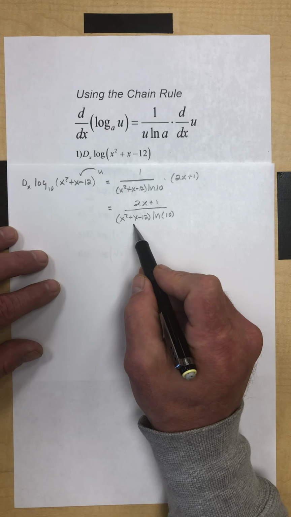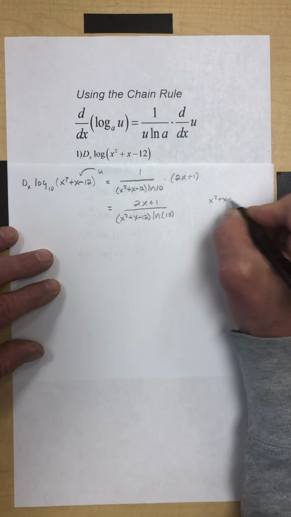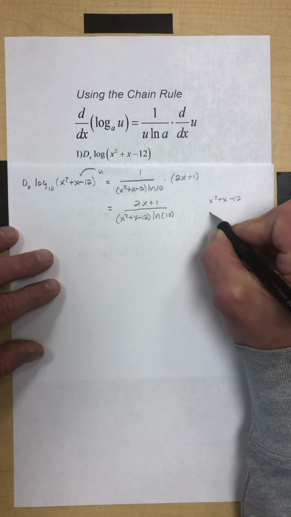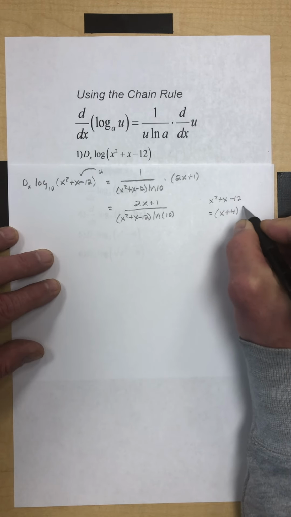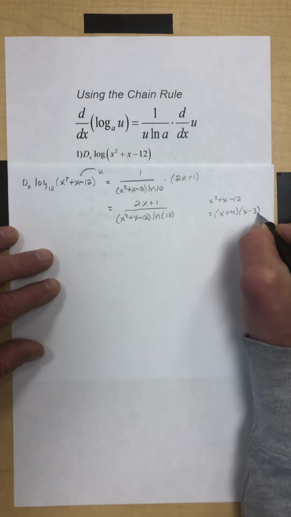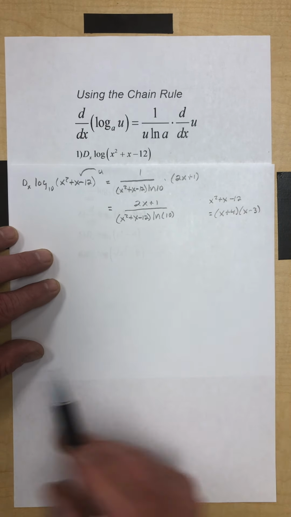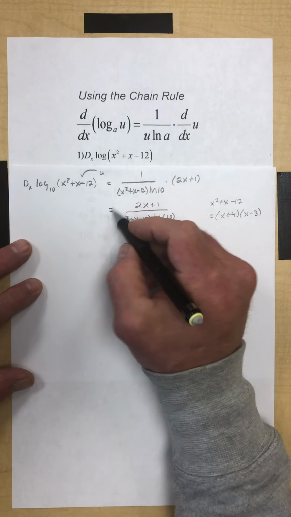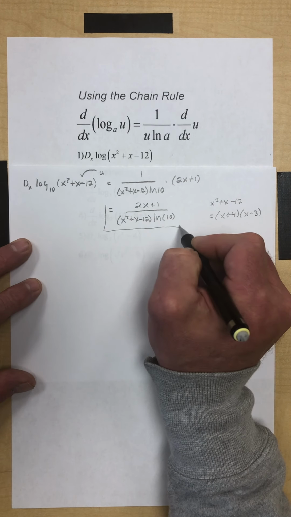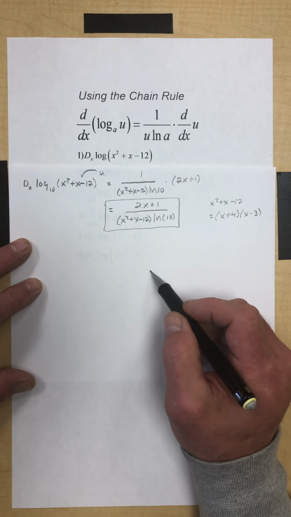So if we take a look over here, this x squared plus x minus 12 factors into x plus 4 times x minus 3. And obviously neither of those two factors will cancel with a 2x plus 1, so it is reduced. So you can leave your answer in this form. If you wanted to factor that quadratic, that's okay, you could do that as well.